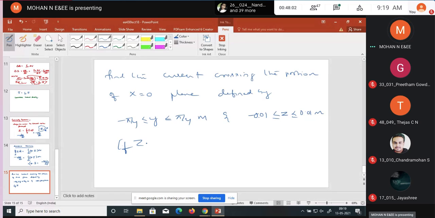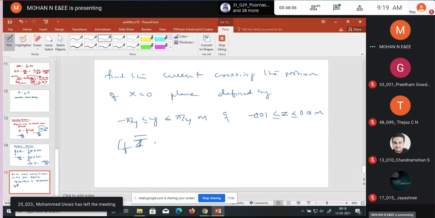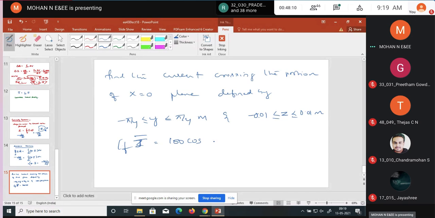If J vector is equal to 100 cos 2y ax cap amperes per meter square.